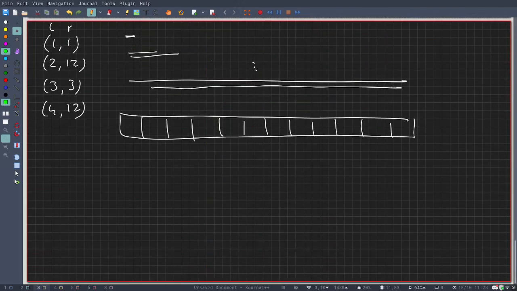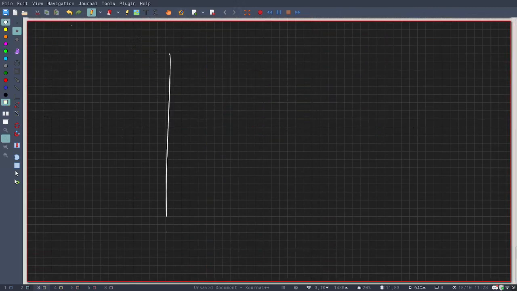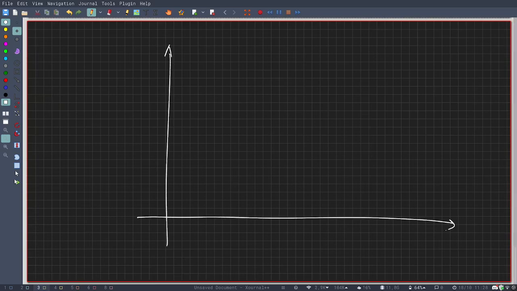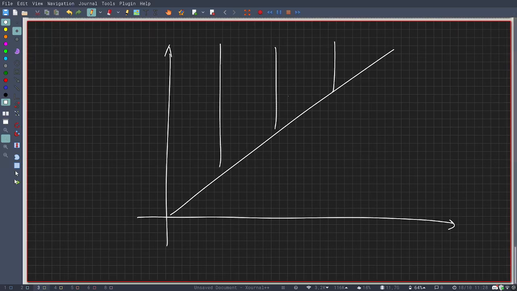And the point is, let's draw this again and divide it into blocks. What we were doing earlier was sorting by L and doing these.